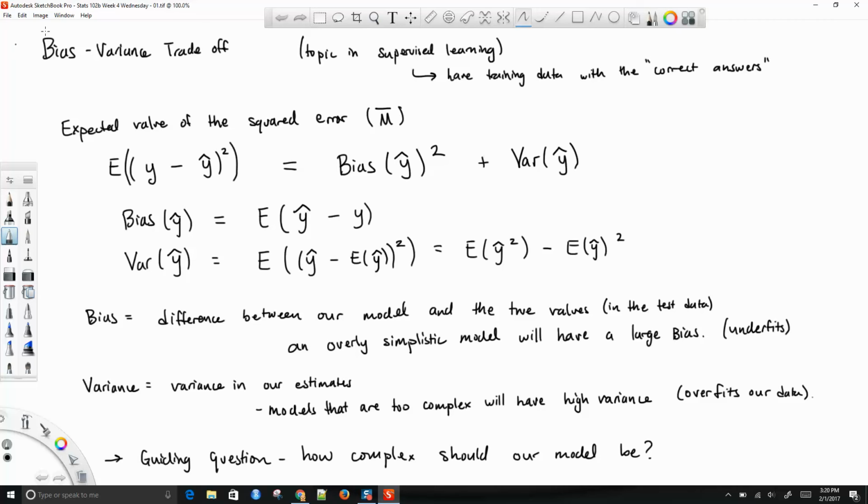All right. Here we are in chapter 2 of our textbook.